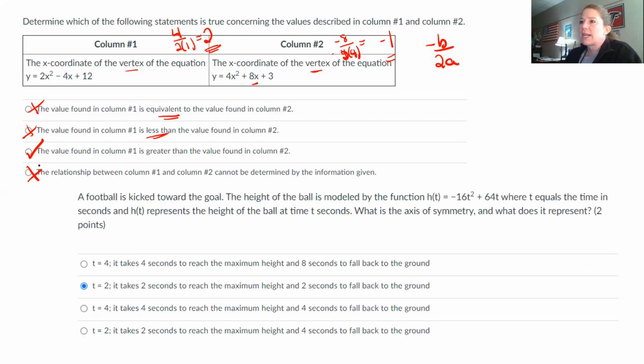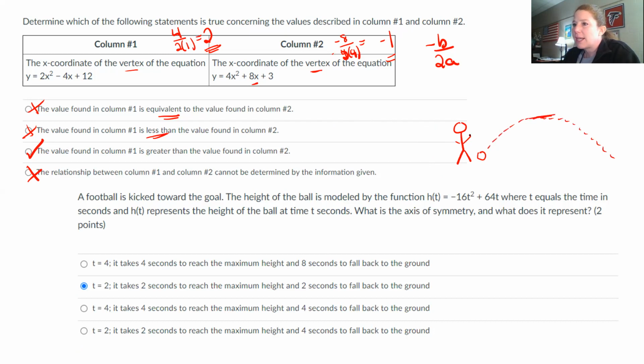What about this one? All right, it says a football is kicked toward a goal. So remember, when you kick a ball, let me erase that picture and try one more time. Anytime you kick a ball, it is going to go up, it's going to come to a maximum height, and it's going to go down.